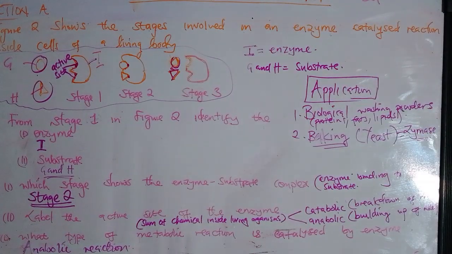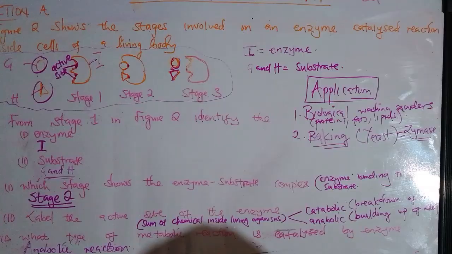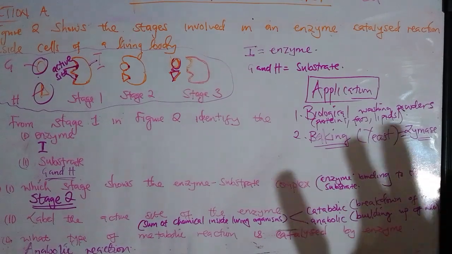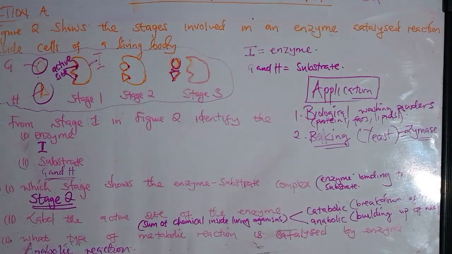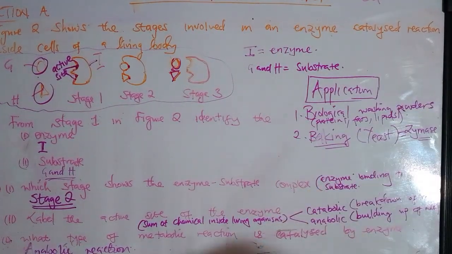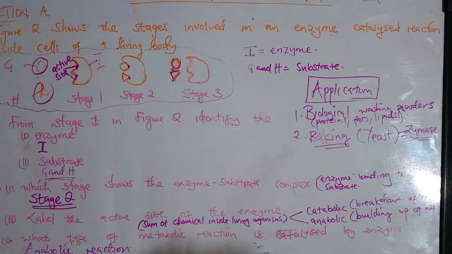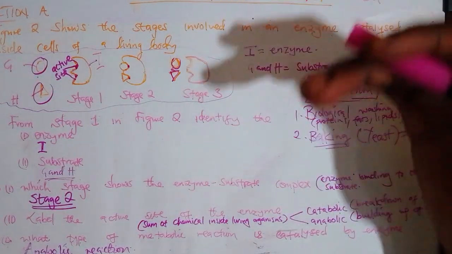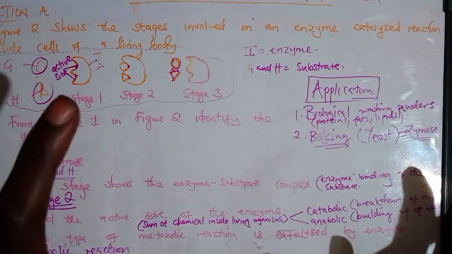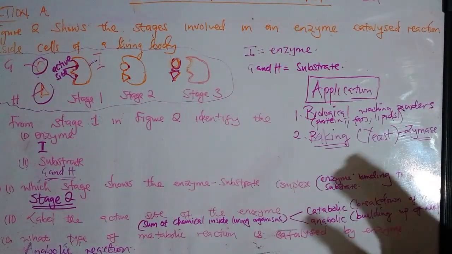That enzyme is responsible for the rise in the dough, because it converts glucose into carbon dioxide, water, and what? Energy via the process of respiration. Then those bubbles from carbon dioxide are the ones which cause the dough to rise. So these are some of the applications, and this was our question 2 in our 2021 paper 2 GCE.